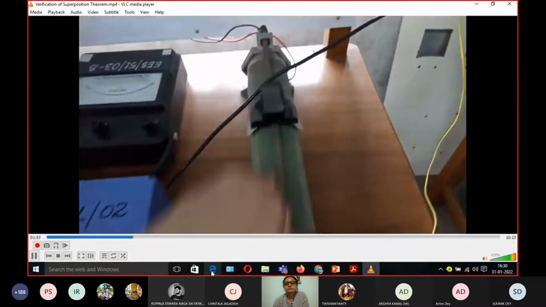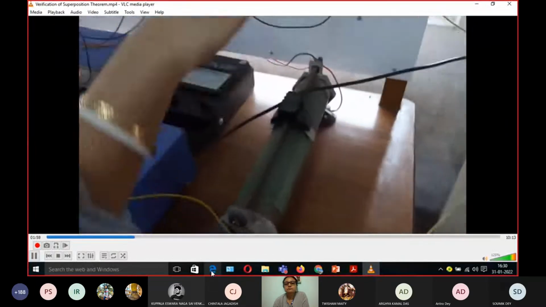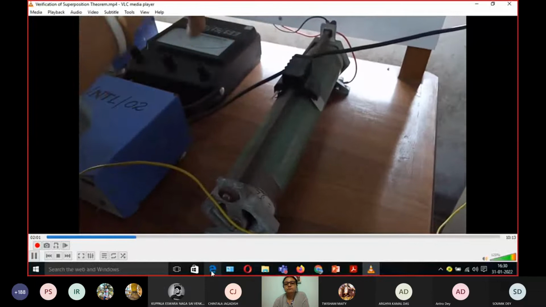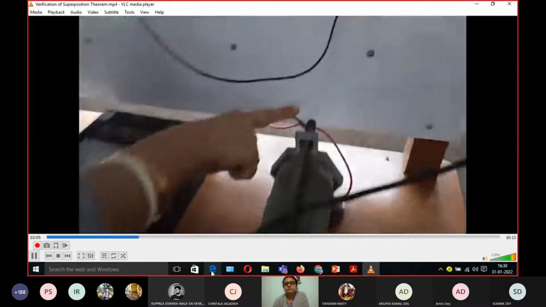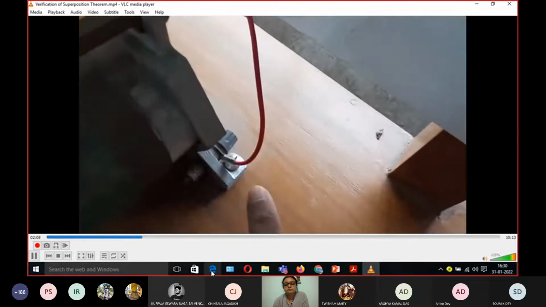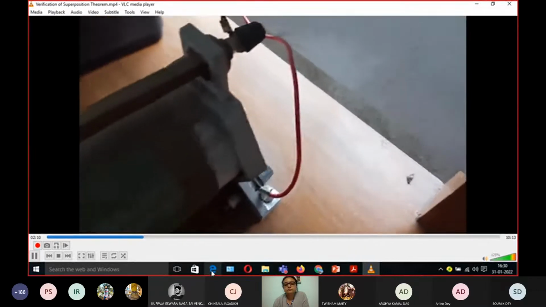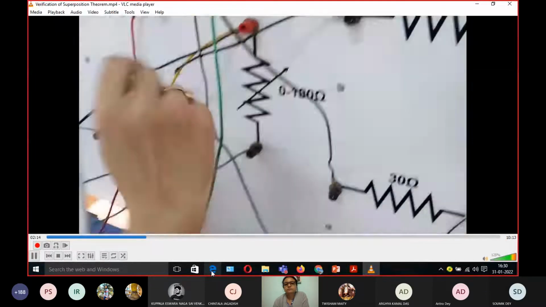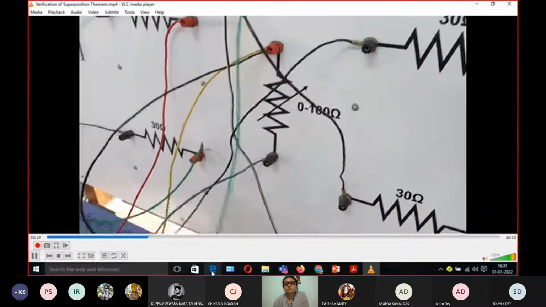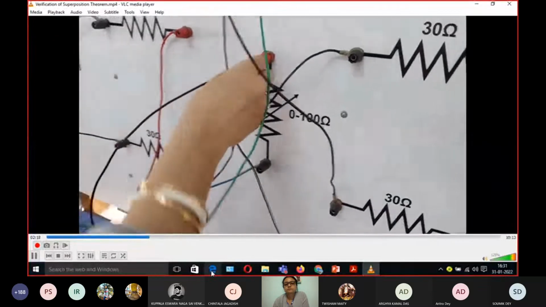This one is the rheostat. Intentionally one rheostat is kept here to show you how the rheostat is being connected. It has the variable terminal, and this is the other fixed terminal.